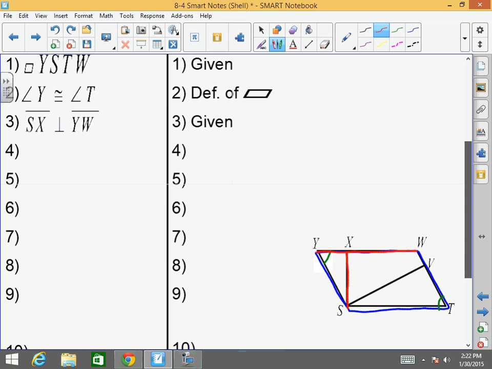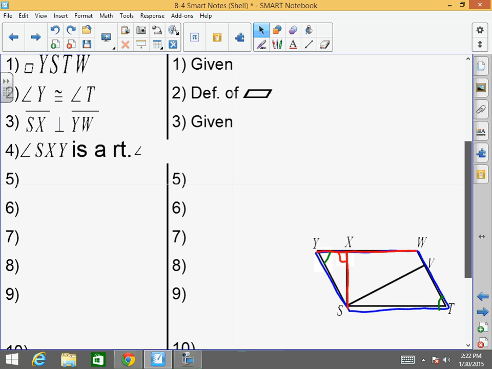Now think about it. If you can see, I've already got a little triangle here on the left side, triangle SXY. And I've got another little triangle on the right side, SVT. So I'm going to go ahead and say, let's be safe here, that angle SXY is a right angle. Why? Definition of perpendicular lines. You with me here so far?